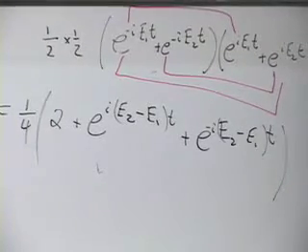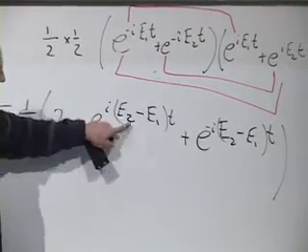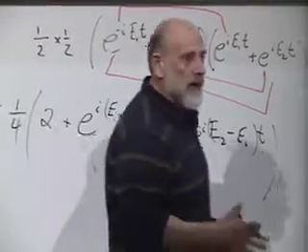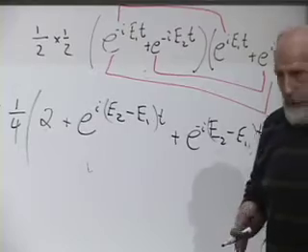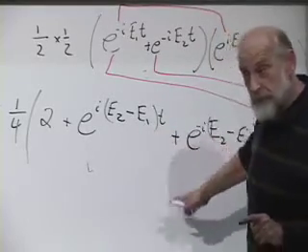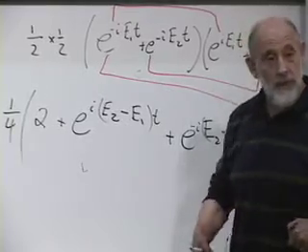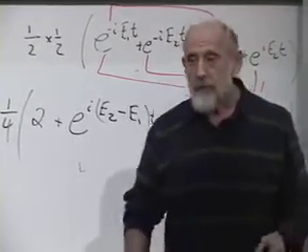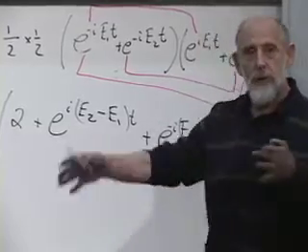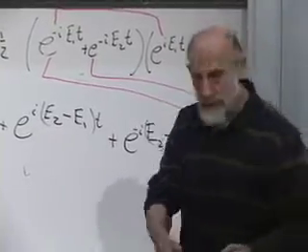I think it's a little bit helpful to define E2 minus E1. What is E2 minus E1? It's the difference of energy of the two polarization states. Notice that the answer only depends on the energy difference of the two polarization states. This is deep, important. Physics only depends on energy differences. Nothing would change if you added a constant to the energy of a system.